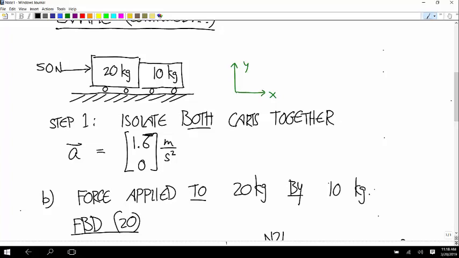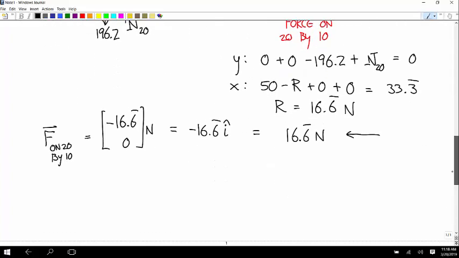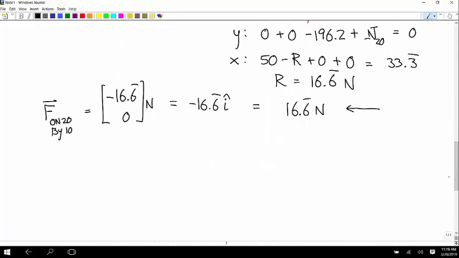And so if we wanted to know the force vector applied to the 10 by the 20, that would be a magnitude of 16.6 repeating newtons pushing this direction. Any questions about that?